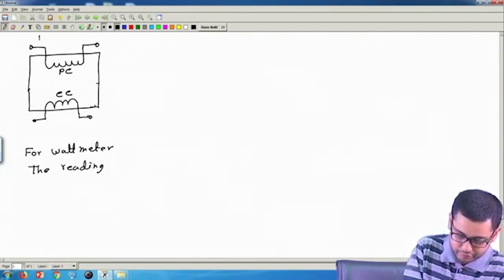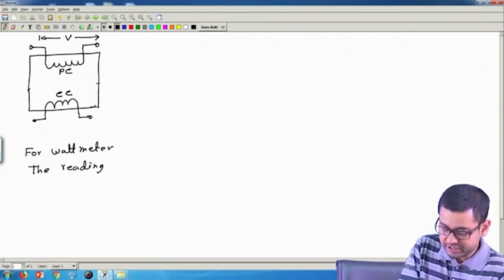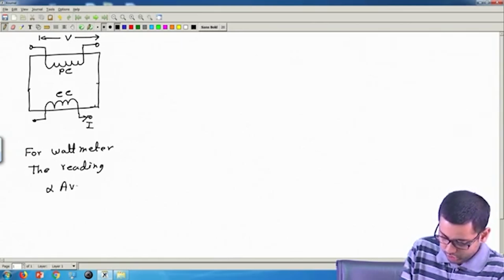So, if we apply a voltage V, then the current that will flow through this is V divided by the impedance of this circuit, and if we pass some current I, then the reading is proportional to the average value of V(t) I(t). This is power.